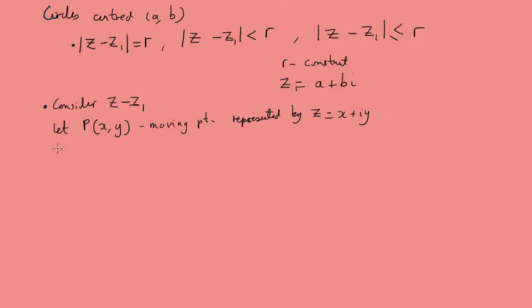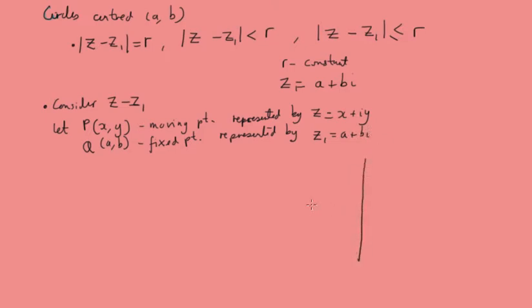And we'll do that on our Venn diagram. And we're going to let Q be point AB, and it's a fixed point represented by Z1 equals A plus BI.